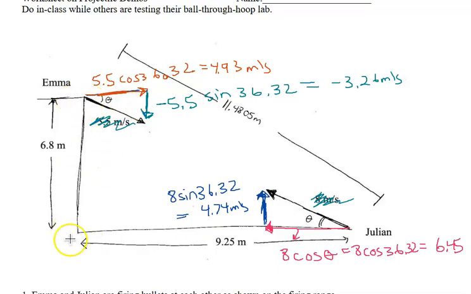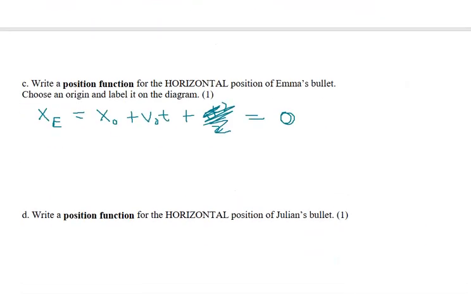Horizontally, she is at the origin. So that is 0 plus her horizontal speed, 4.43 t. Okay, done.